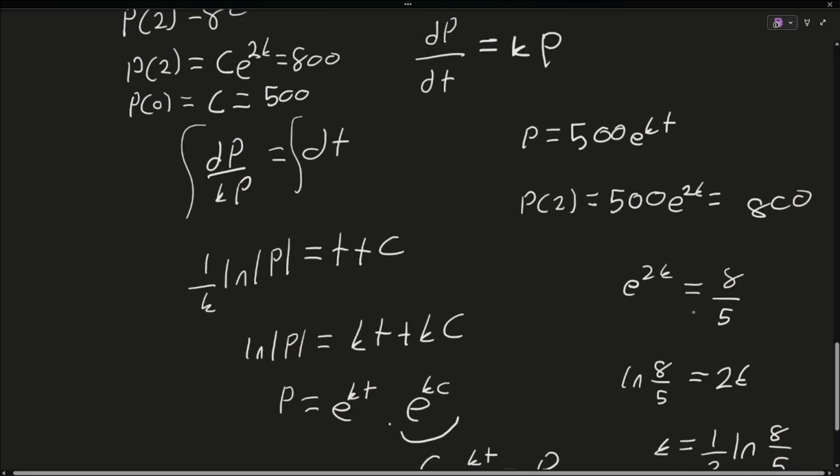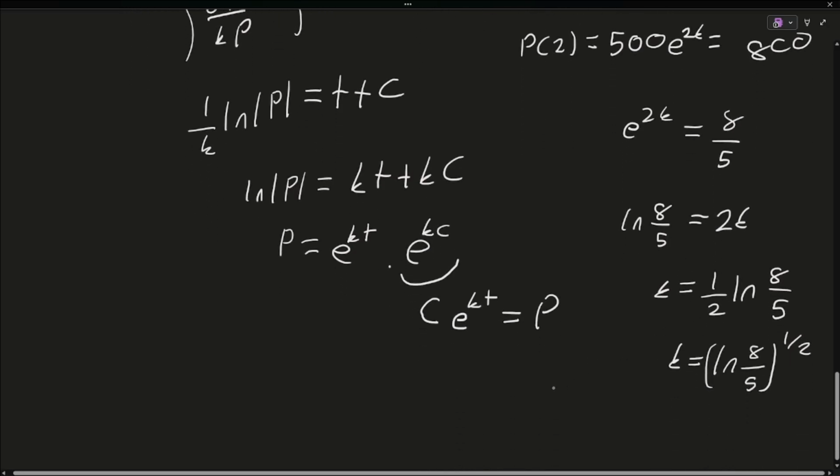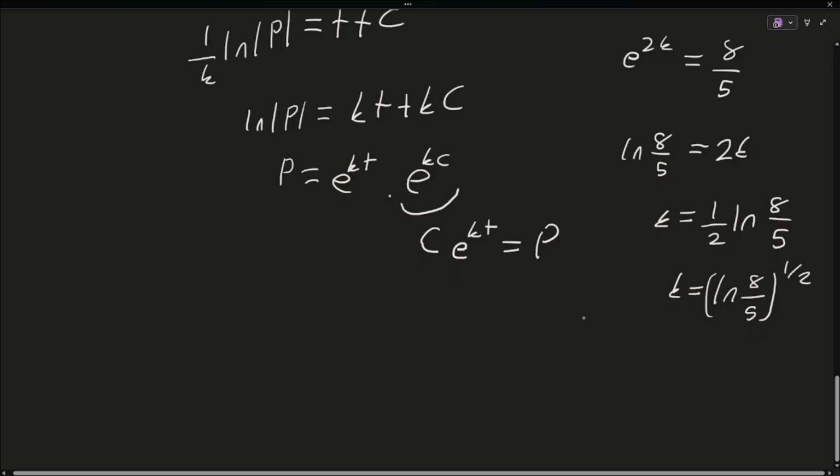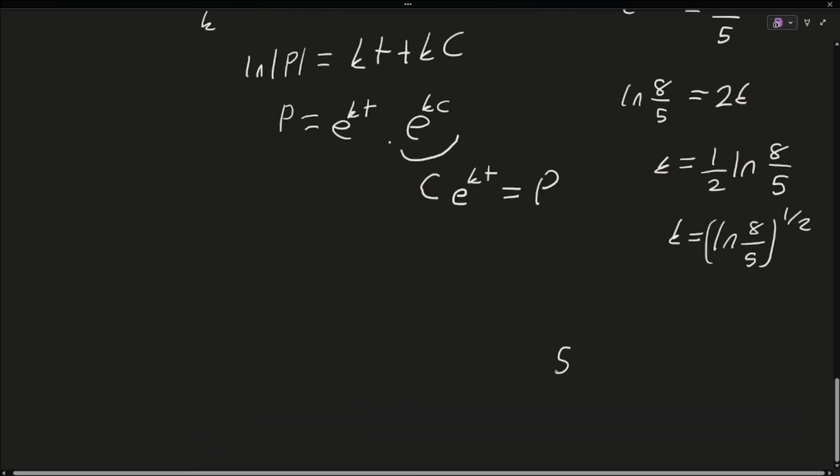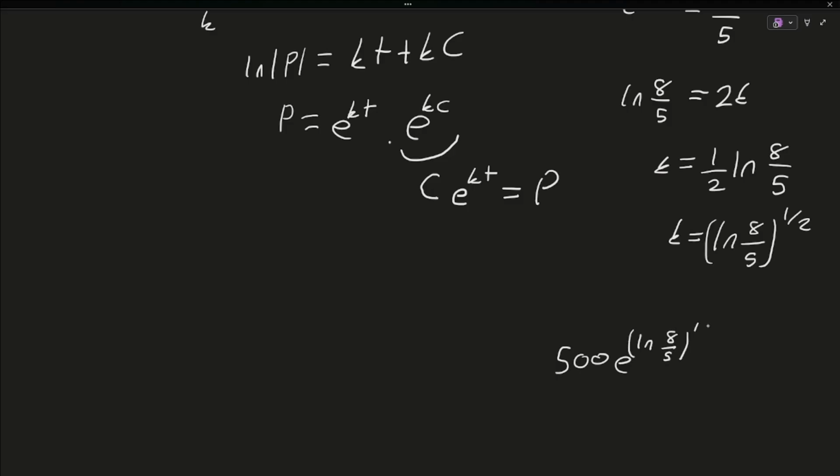And now if we go ahead and plug that into our equation, remember, it was 500 e to the kt, so 500 e to the ln of 8 over 5 to the 1/2 power times t. So this t can also go to the exponent since we're multiplying that. So instead of 1 over 2, I will have t over 2.